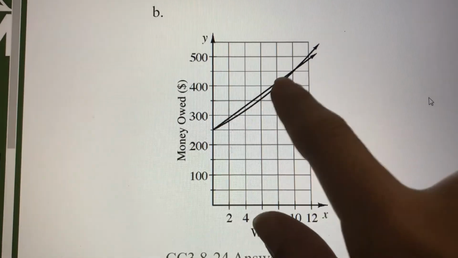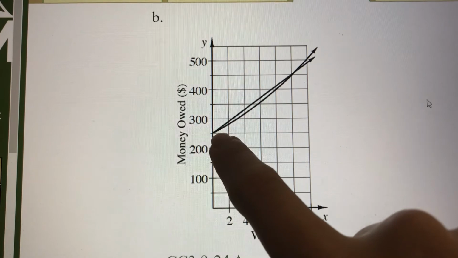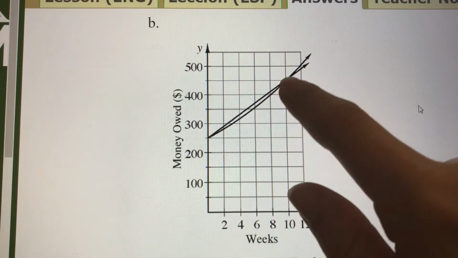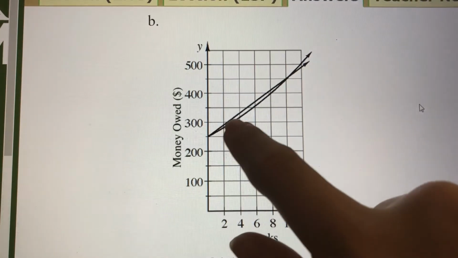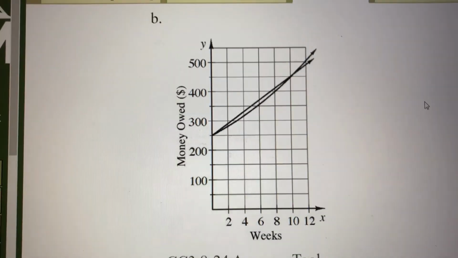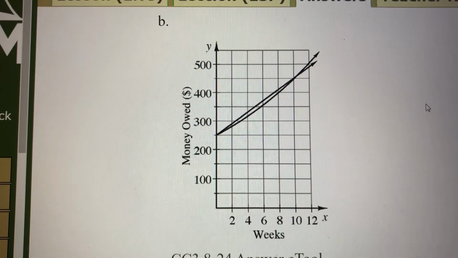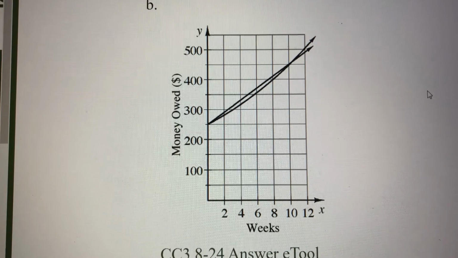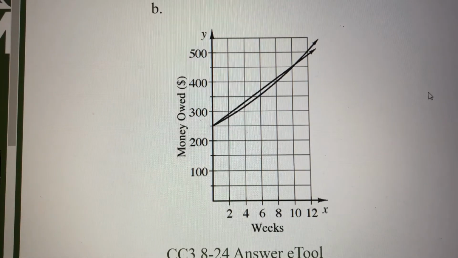So I would sketch it, and you'll notice one of them is curving. One of them has a slight curve to it, and then the other one is a straight line. So I want you to realize that simple interest will always be a straight line because it's going up at a constant rate.